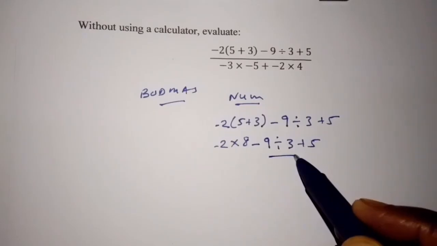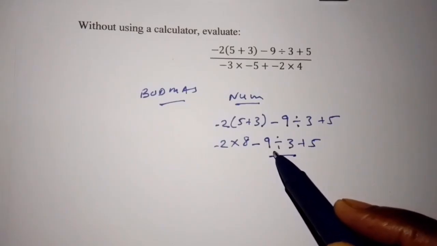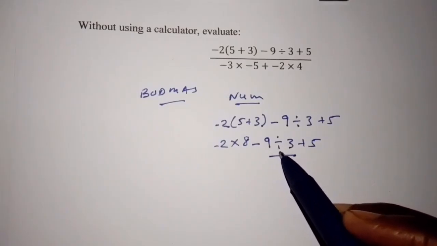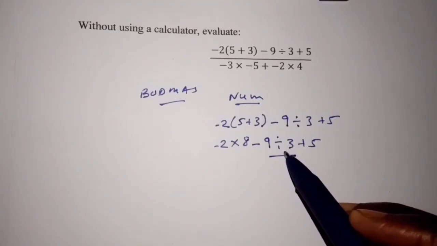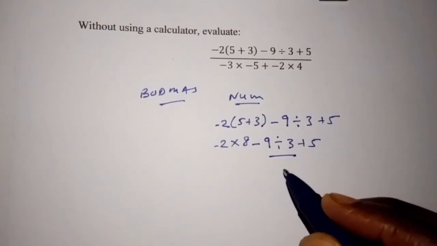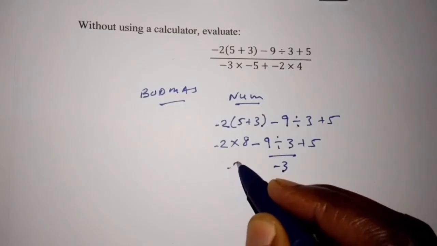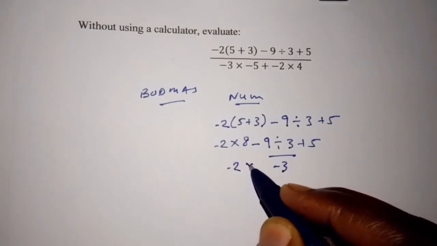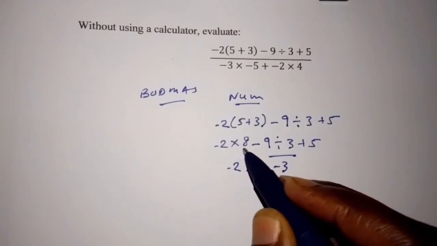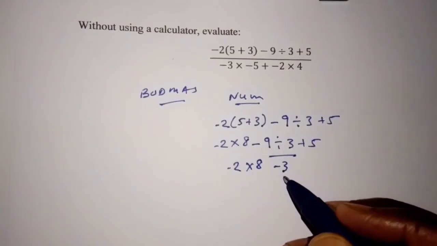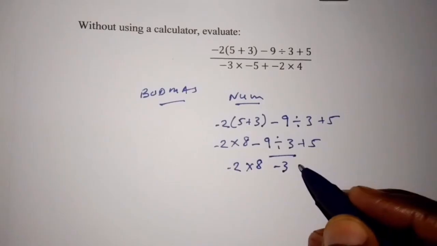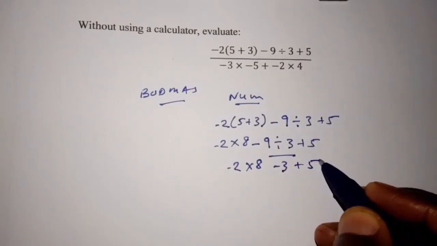Division is here. We can divide -9 by 3, which gives us -3. So we are going to have -2 times 8 minus 3 plus 5.